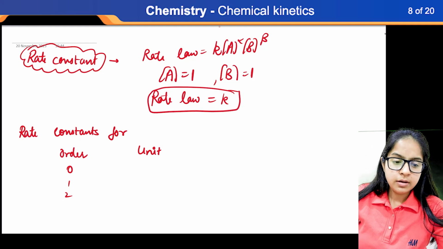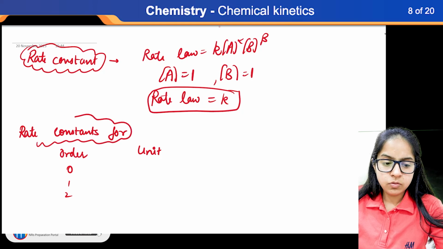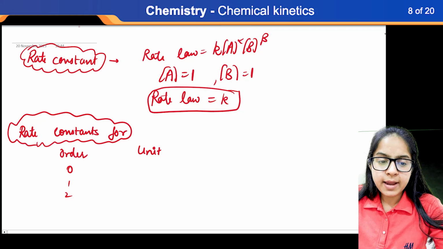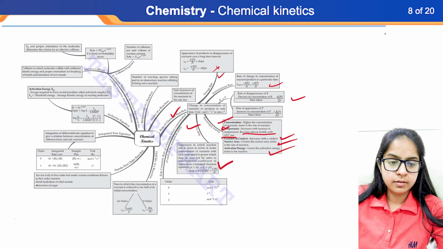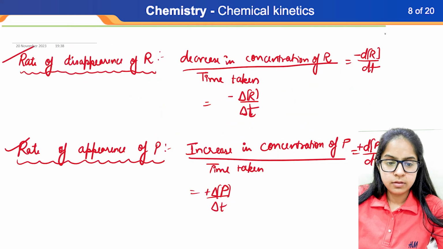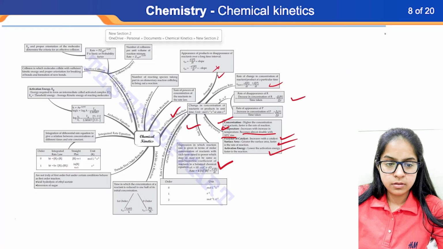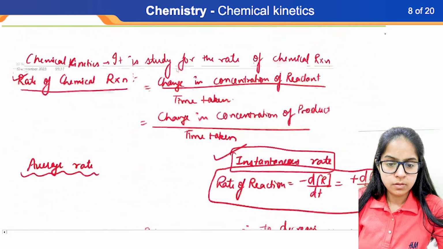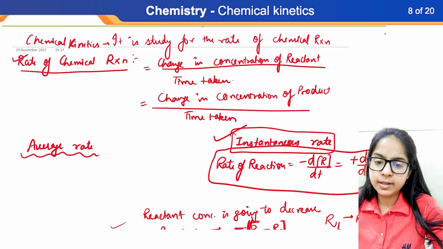Okay, now what are the rate constants for the zero, first and second order reactions? Before that, I want to show you again the unit of rate of chemical reaction.